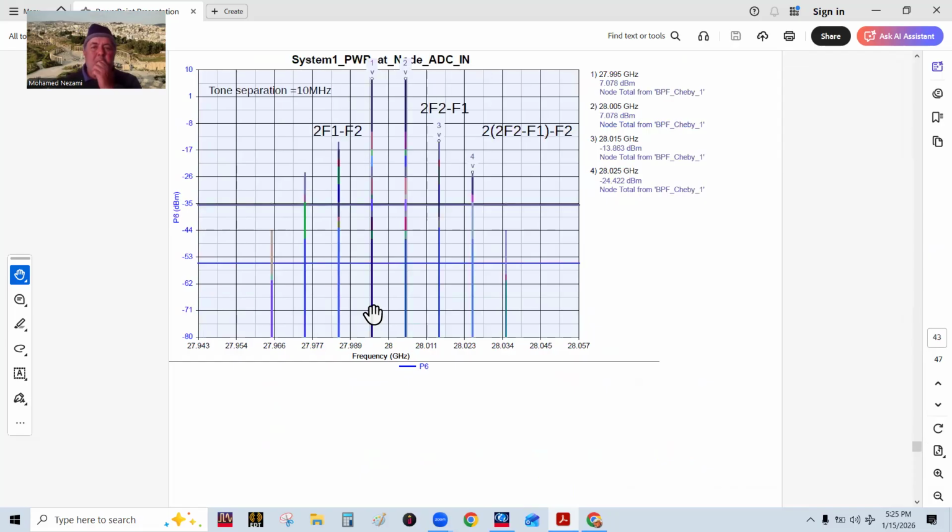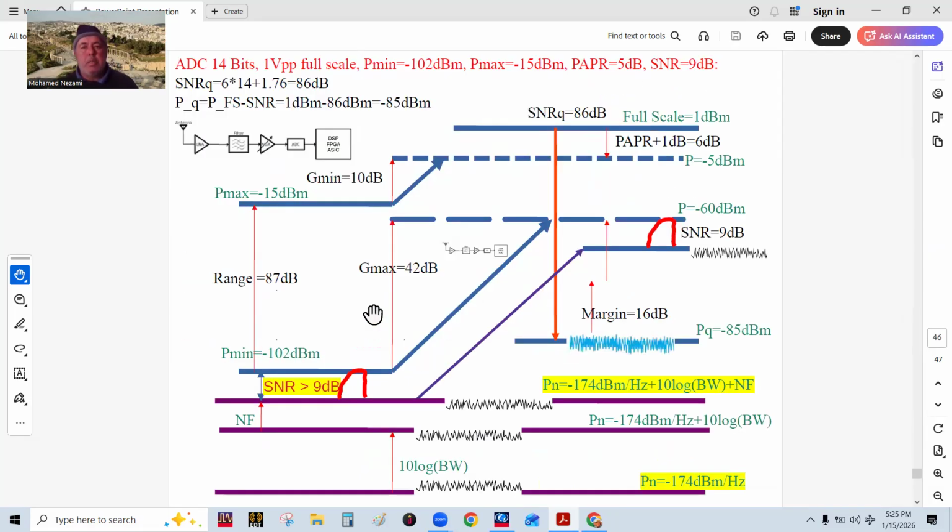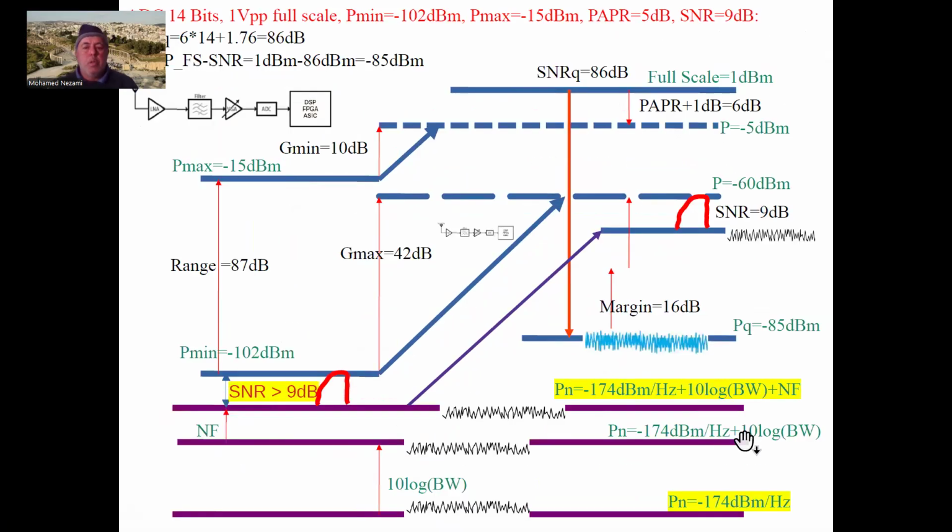So that's what this says, and this gets us to the slide that I showed, either the third or fourth lecture, where I showed the, let me show this. So we have the ADC itself. We have to really look at it in terms of the overall receiver. We have a full scale, like in this case, 1 dBm, and we have a thermal noise level, minus 174 dBm per hertz.